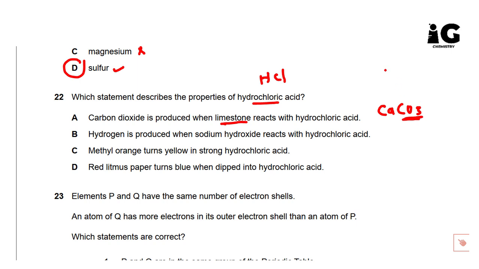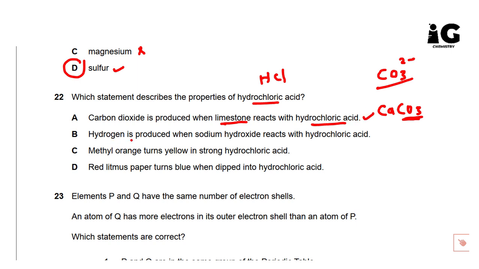So the carbonate anion is CO3 2-. If you remember the table of tests for anions in paper 6, carbonate can be tested by adding hydrochloric acid. So carbon dioxide will make bubbles and effervescence will be seen. So the first one is true.